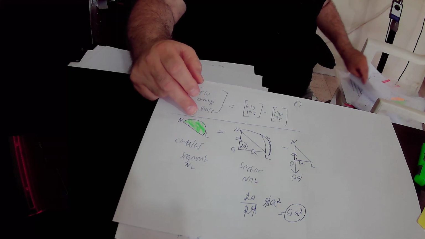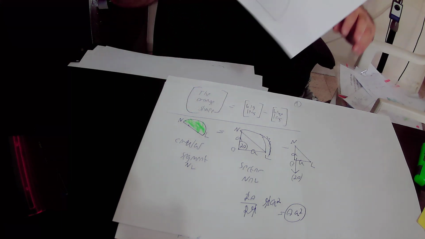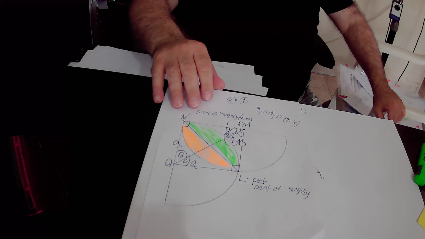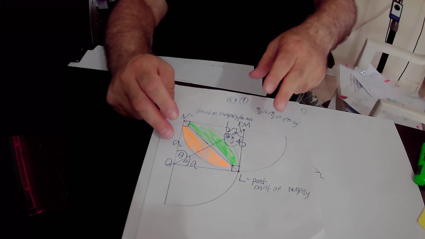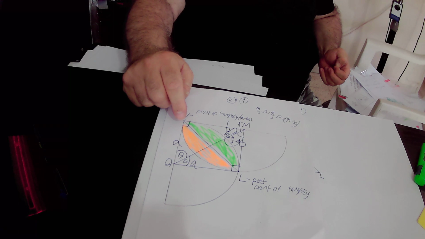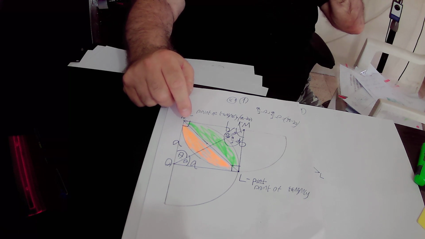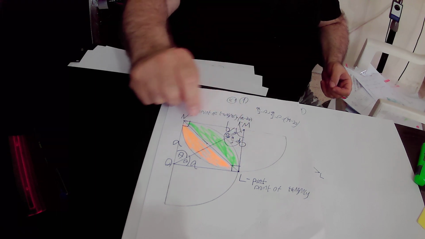Then, I repeat again that here we have two semicircles that intersect with each other, and they create this lens.